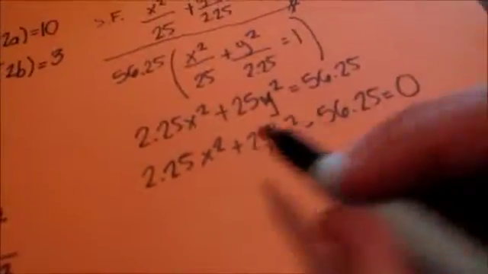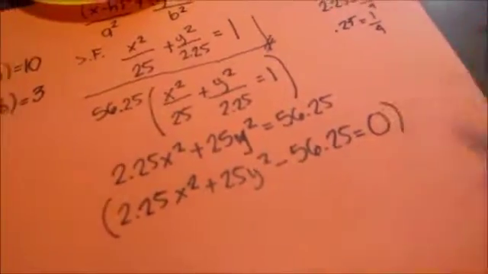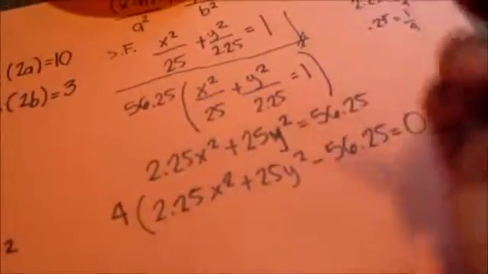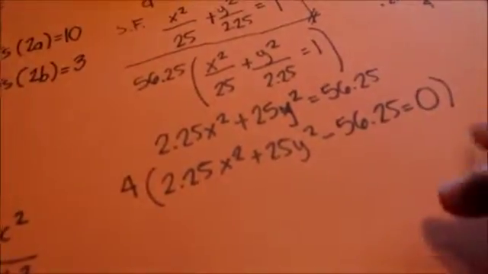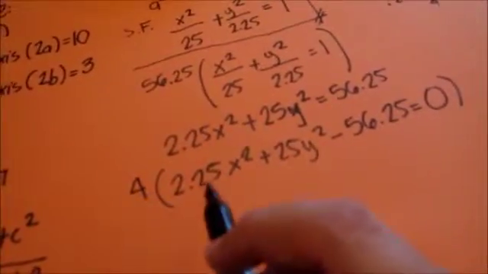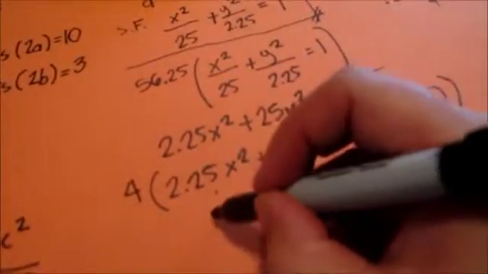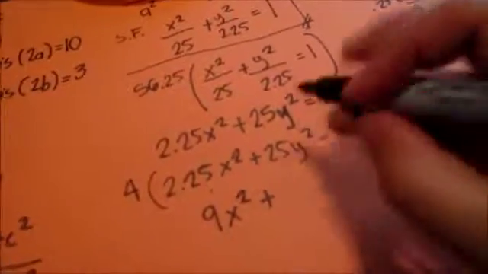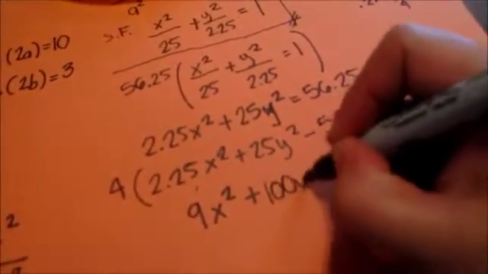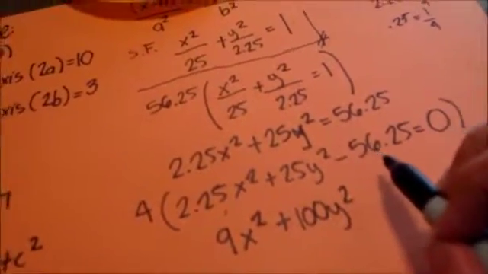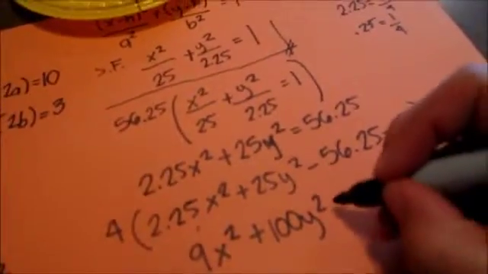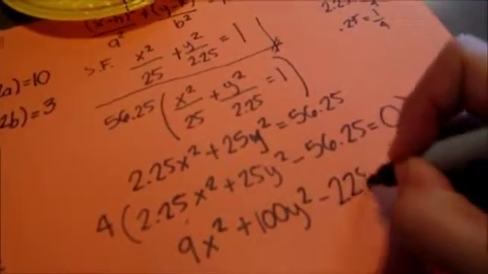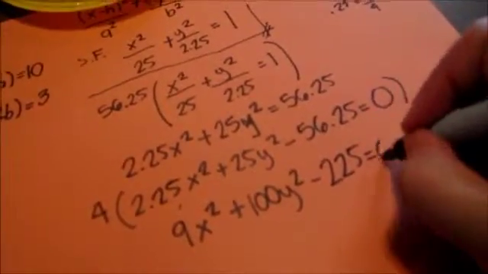So what we need to do here is multiply everything by 4 in order to have the whole numbers we're looking for. So 4 times 2.25 equals 9x squared, plus 4 times 25 is 100y squared, minus 4 times 56.25 is minus 225 equals 0.